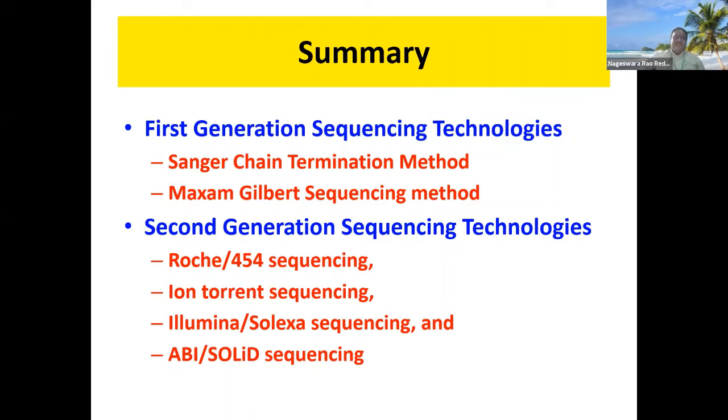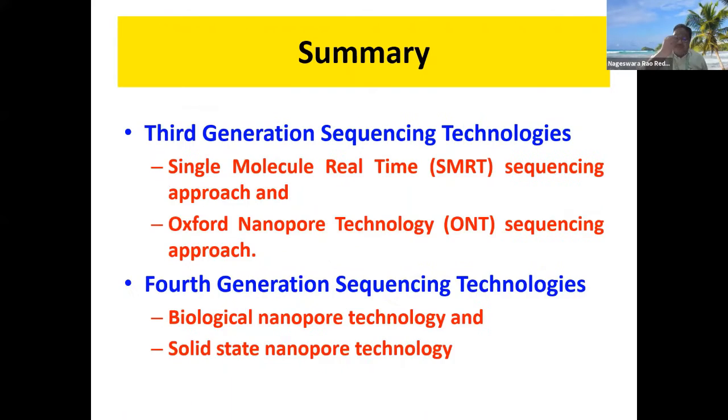So in short, what we have learned is that first generation sequencing technologies are the Sanger chain termination method and the Maxam-Gilbert sequencing method. Second generation sequencing technologies are Roche 454 sequencing, Ion Torrent sequencing, Illumina Solexa sequencing, and ABI SOLiD sequencing. Coming to third generation, we have learned about single molecule real-time or SMRT sequencing and Oxford Nanopore technology sequencing.